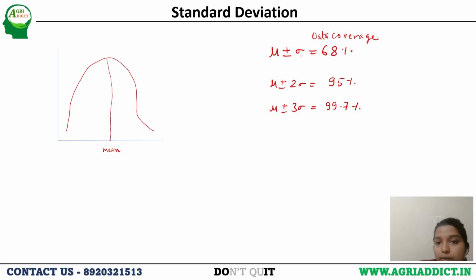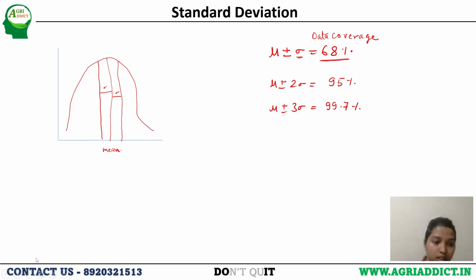Now we are adding or subtracting single sigma, mu plus or minus sigma. So it will be like this. We are adding or subtracting. Here we are adding. In this case, from mean it is getting subtracted. Then the data coverage will be 68%.